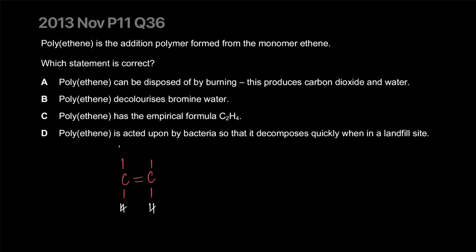And if you open this molecule up, it's just going to be a really long straight chain. So it's going to act as a really long alkane of sorts, right?